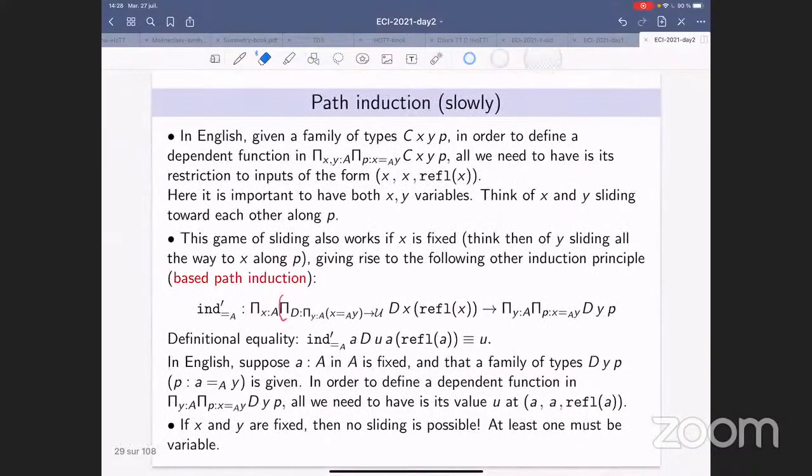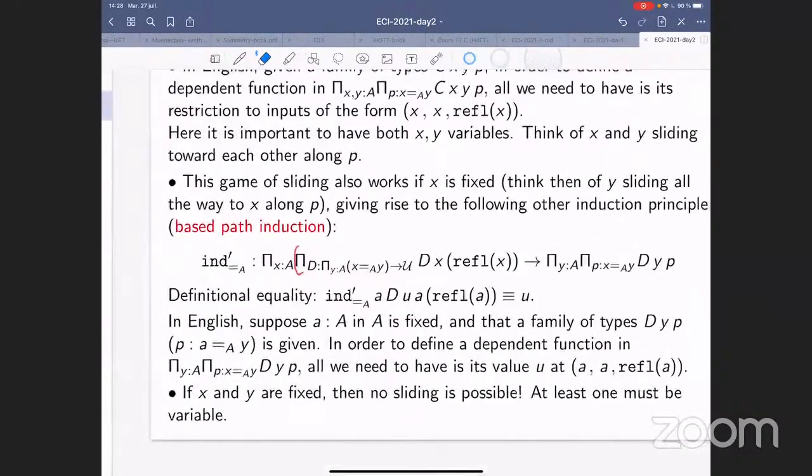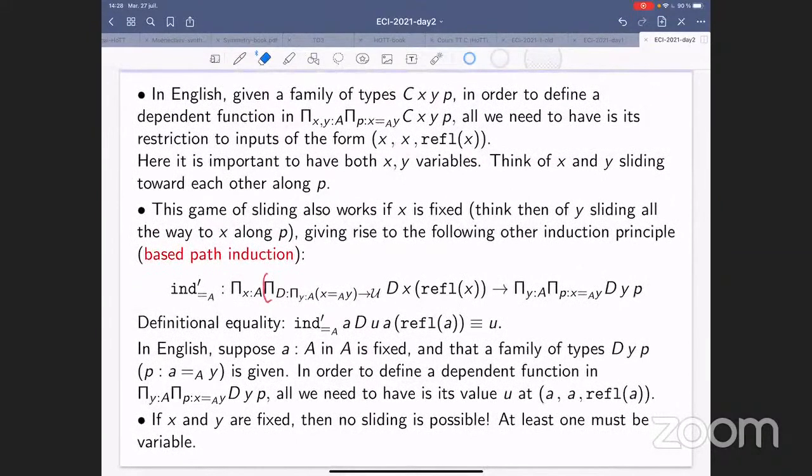So this is another induction principle, and let me repeat it in English. Suppose that we have fixed some a in A, and suppose that we have a family of types D Y P, that this family now depends only on Y and P rather than on X, Y, and P, because the X has been fixed to be a.